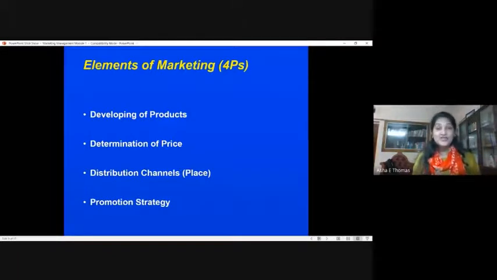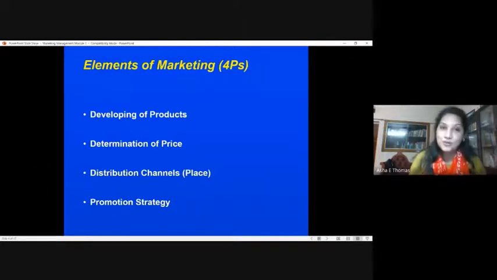We would be learning initially what is marketing, marketing management, and then we will be slowly entering into these decisions which are being taken by corporates, and what are the factors that will be considered when a company decides about producing a product, and what are the aspects that would be considered when they go with fixing the price or deciding about the distribution channels, or deciding about how the product needs to be brought before the customers, how the customers need to be informed, what are the various promotional strategies to be used by a company when they go with the marketing aspect.